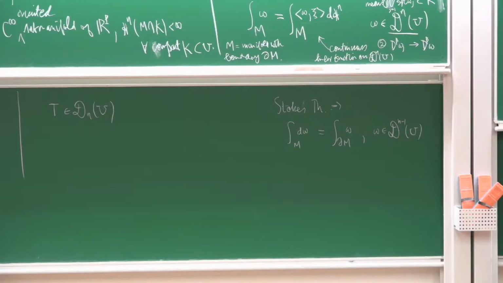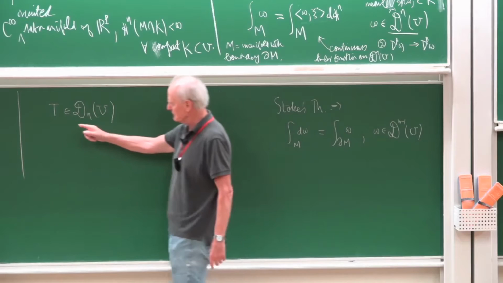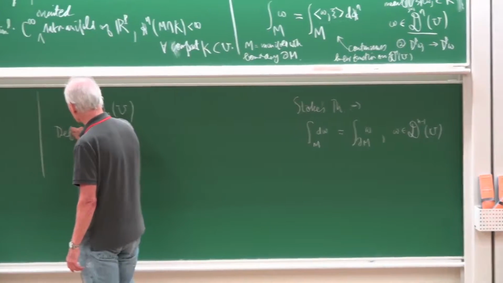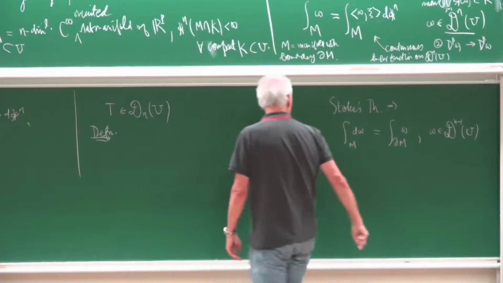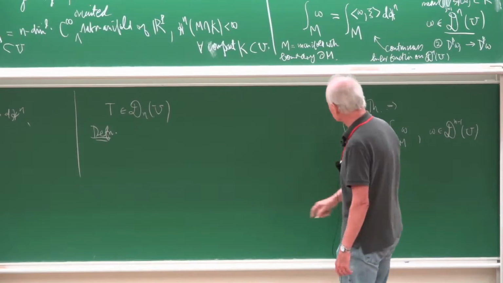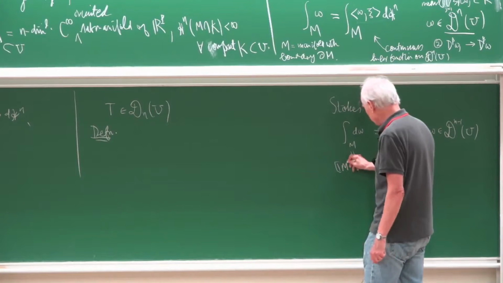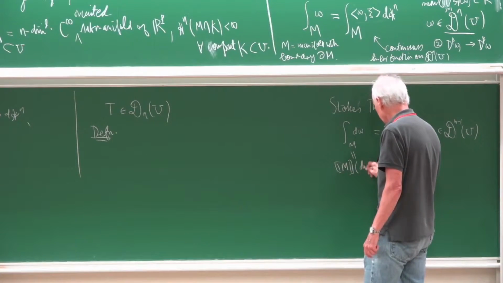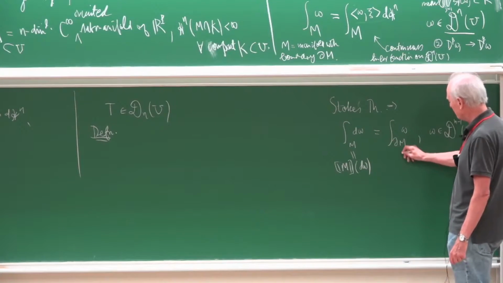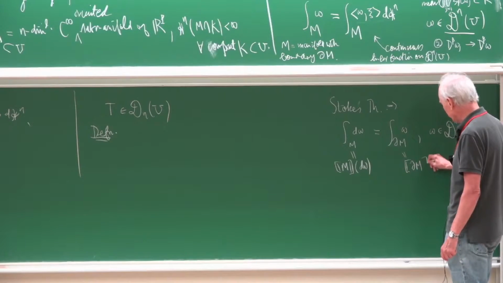Stokes' theorem says that. So that motivates us to define the notion of boundary for a general current T. In terms of this notation, this side would be M hitting d omega, whereas using the same notation for the boundary manifold, this side would be the current corresponding to the boundary manifold.